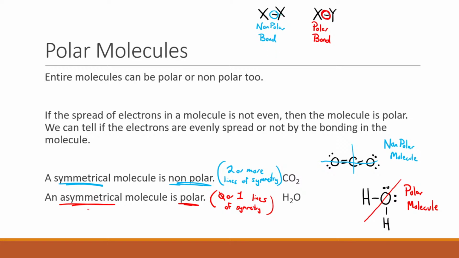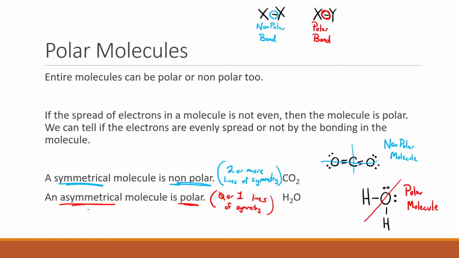For a bond, it just depends if there's the same thing or different things on either side of the bond. For the molecule, it's about these lines of symmetry. And if we take a closer look at all 5, 6 of these bonds, you'll notice that none of these bonds, these two in carbon dioxide, these two in carbon dioxide, these two in water, none of these bonds are nonpolar.